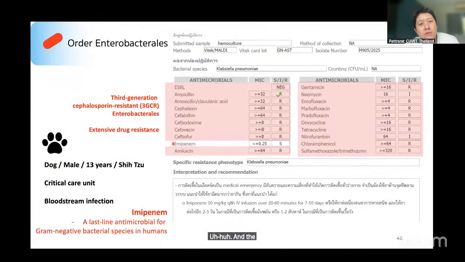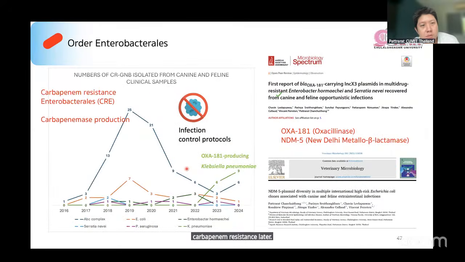And the bacteria can develop carbapenem resistance later. Yes, because before the COVID outbreak, we observed an increasing frequency of carbapenem resistance in gram-negative bacterial species.